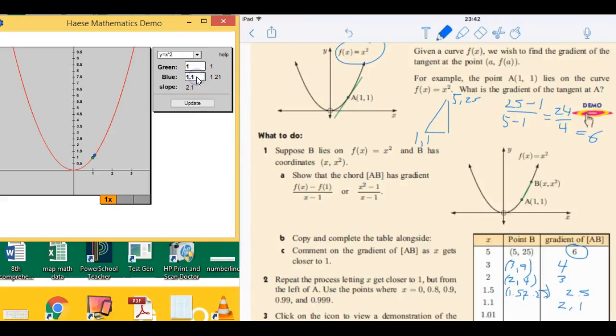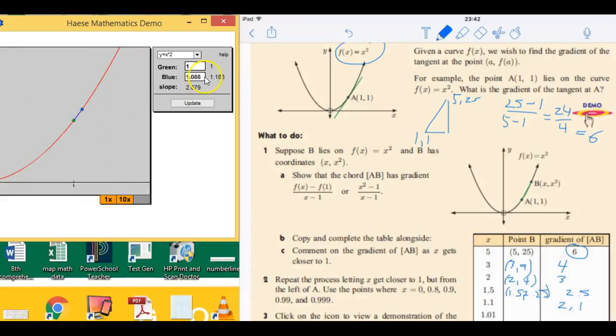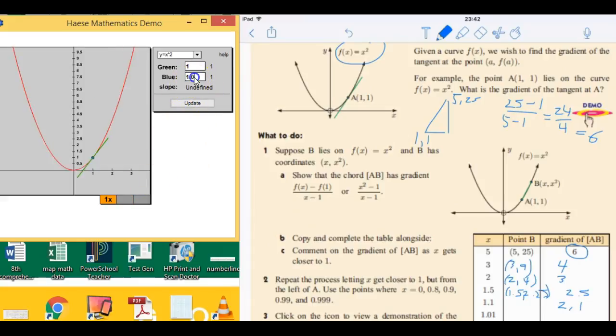What if we made it 1.01? Now it's going to be so close we can't even hardly see it. Let's go to, yeah, okay. So now we're going to do 1.01. Oops, I don't think it likes that. 1.1. Okay, now we're going to zoom it in.